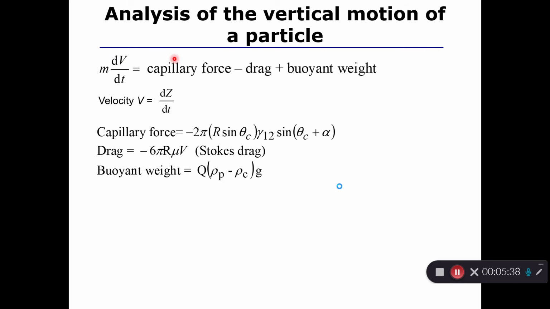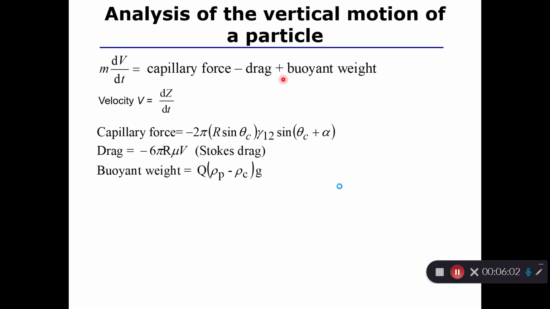And so, the forces which are acting on the particle when it is in touch with the liquid interface: the first one is the capillary force, and the second one is the buoyant force, obviously the weight of the particle, and the drag force, which will be acting against the movement of the particle.